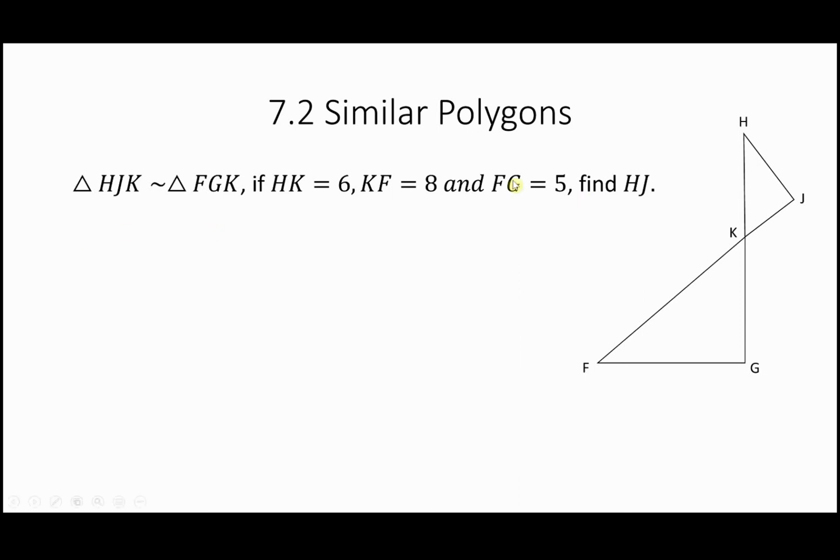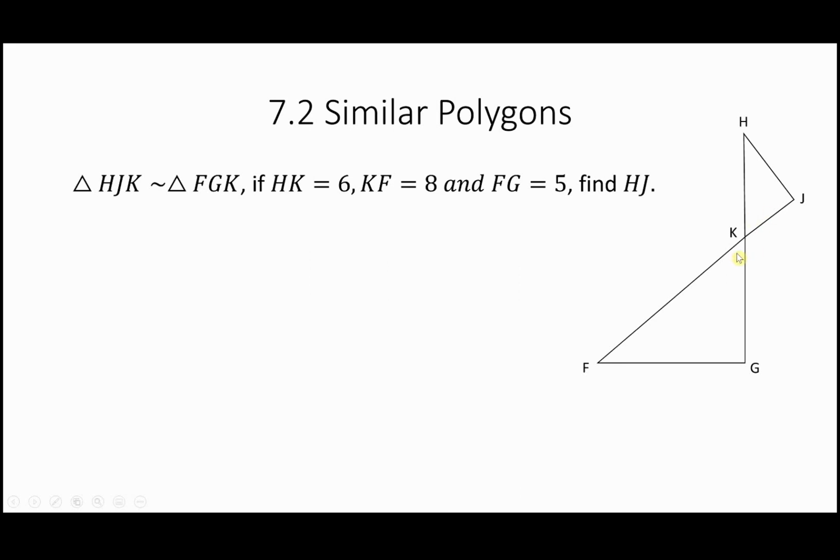Now, we could say the same is true for J and G among the two triangles. Here is angle J, here's angle G. They correspond because they are each the second letter in the names of the similar triangles. Now notice that the last letter for both of the triangles is K. Can you say angle K is congruent to itself?